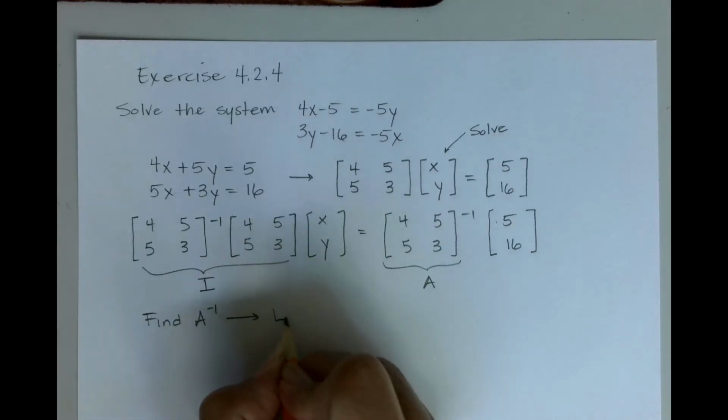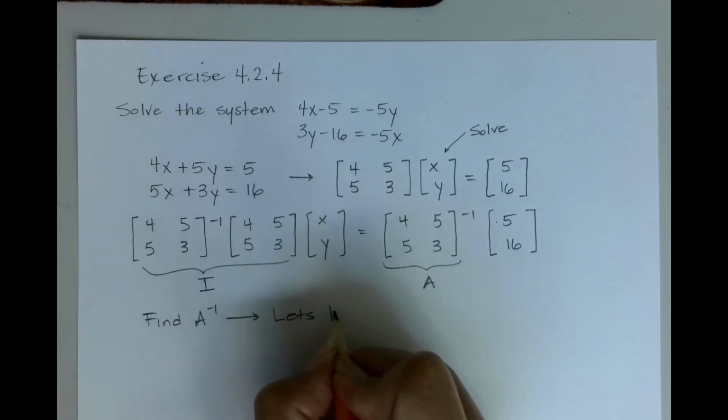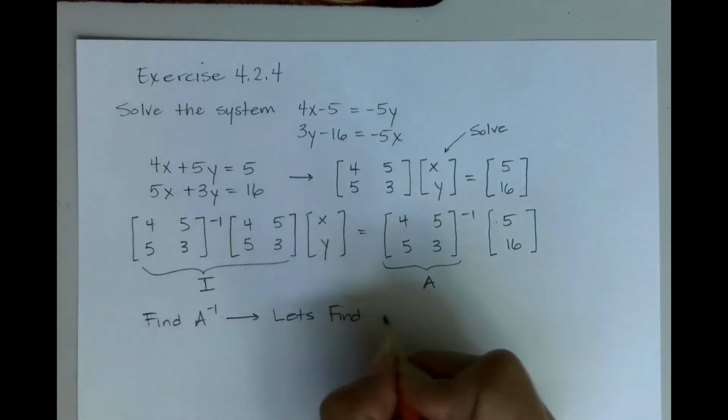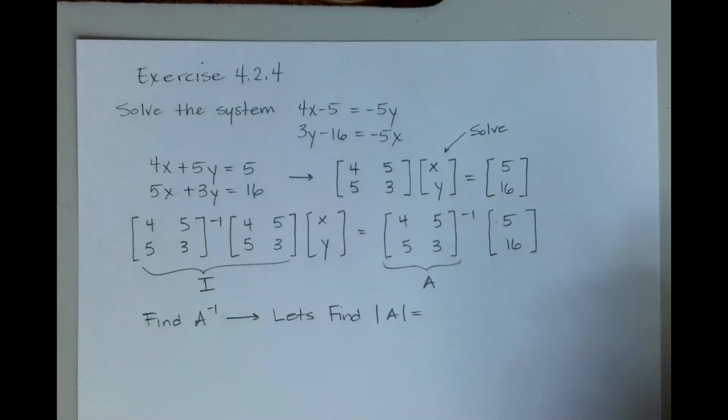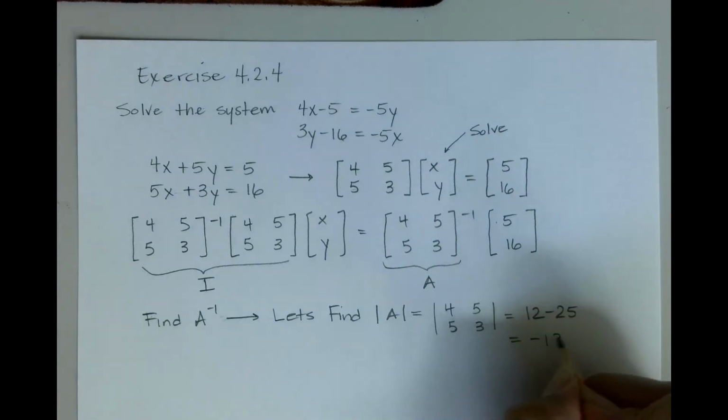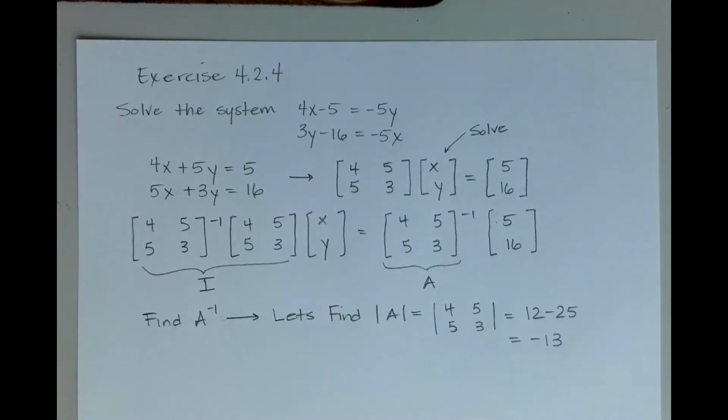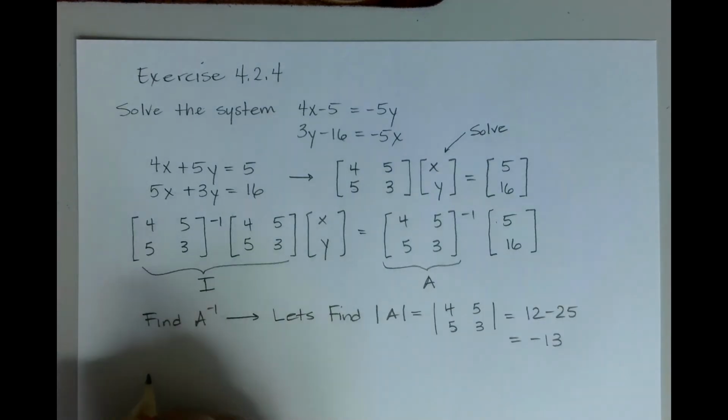Let's find the determinant of A, which will be done by 4 times 3 is 12, minus 5 times 5 is 25. When we subtract it, we get negative 13. So we do that so that we can find our A inverse.